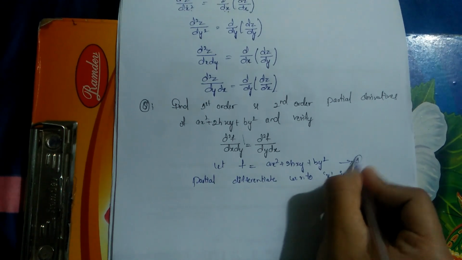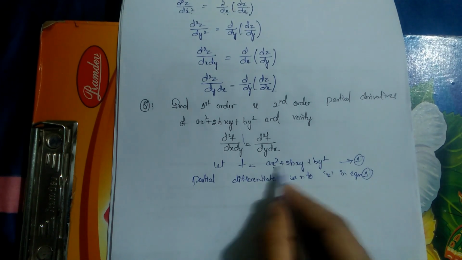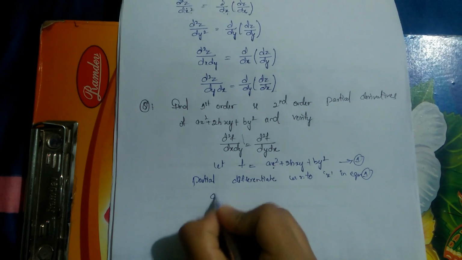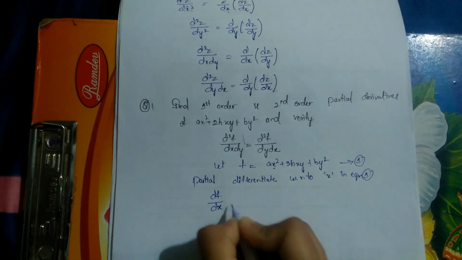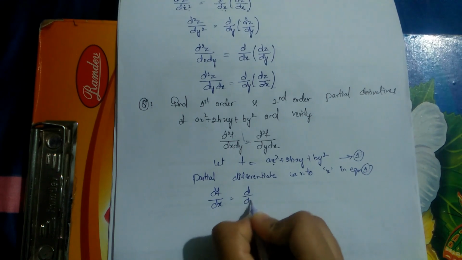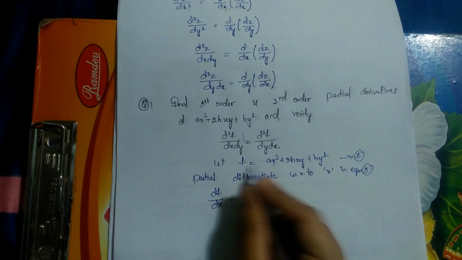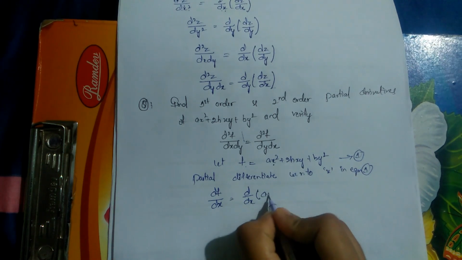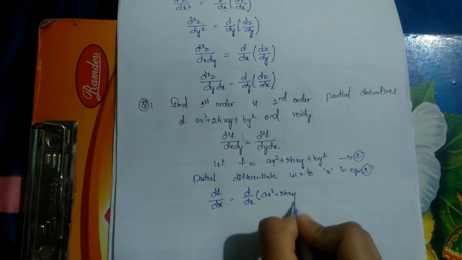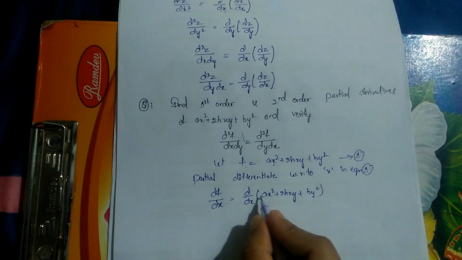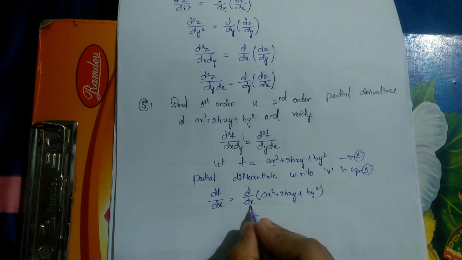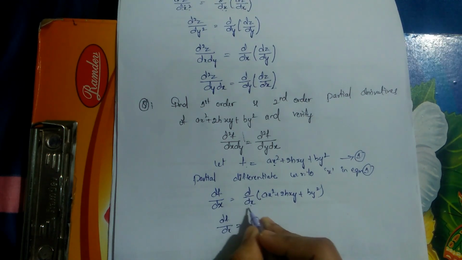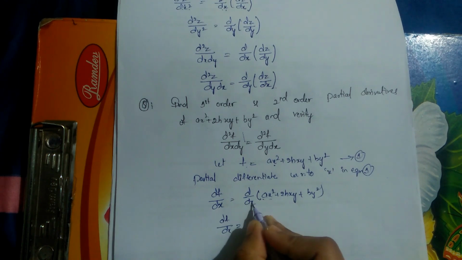So let this be equation 1, and we have to differentiate this equation with respect to x, that is dou f by dou x is equal to dou by dou x of the function f, that is ax square plus 2hxy plus by square. So this is f, and we differentiate this function with respect to x.